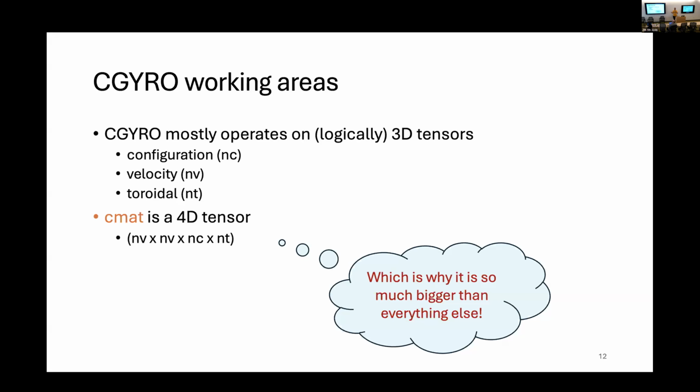That explains why it's so much bigger than anything else, because NV is usually something like 1,000. So obviously, if this is 1,000, this one is 1,000 times bigger than everything else. Even if you have tens of the others, together they are still an order of magnitude smaller than this single big one.